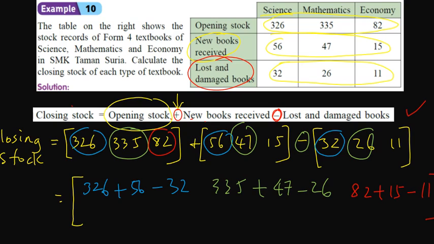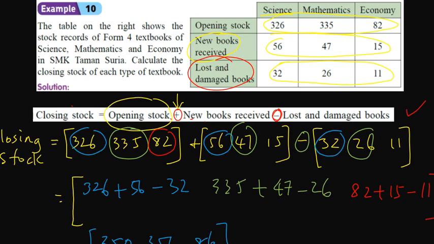You close your bracket and you will get your answer here. Okay, 350, 356 and 86. But this one is in matrix form.